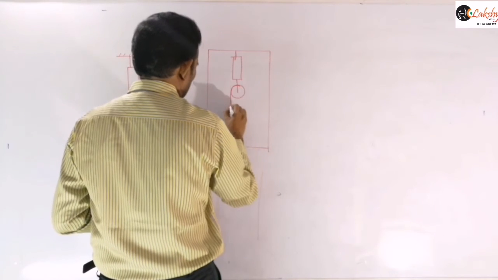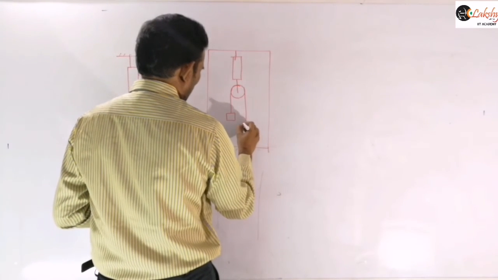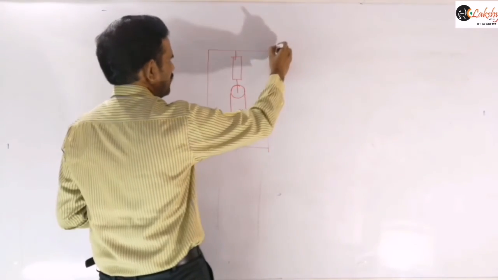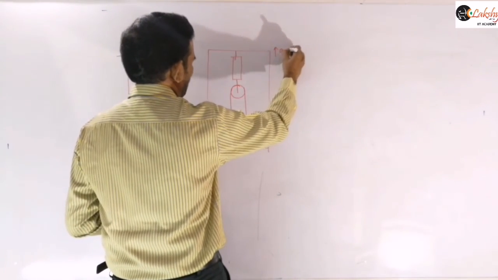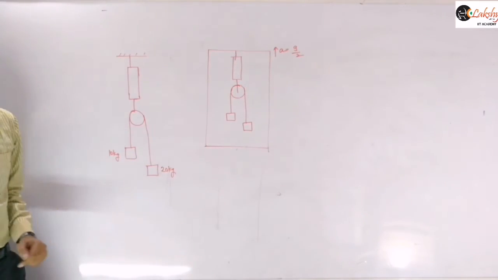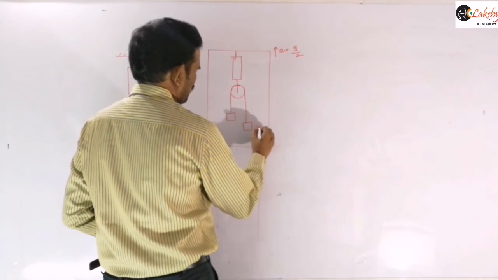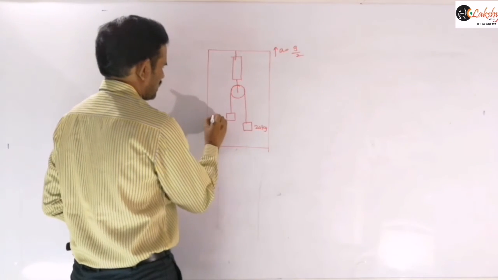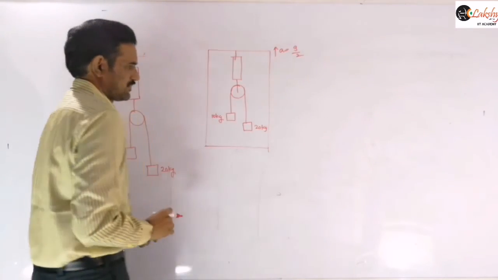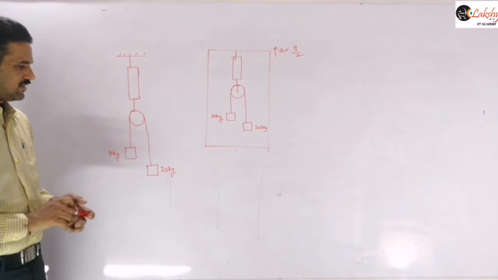This 10 kg and 20 kg block system is suspended in a lift, which is accelerating upwards with an acceleration of g by 2. Then you need to find the reading of the spring balance. This is again 20 kg and this is 10 kg. Is it clear? I think all of you can do these calculations, I hope.